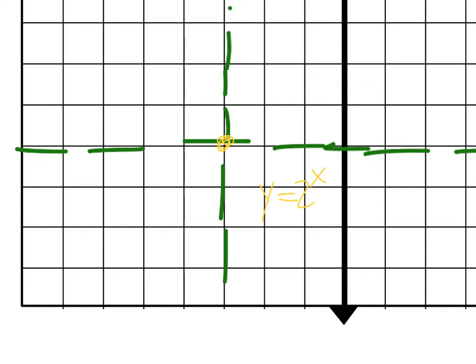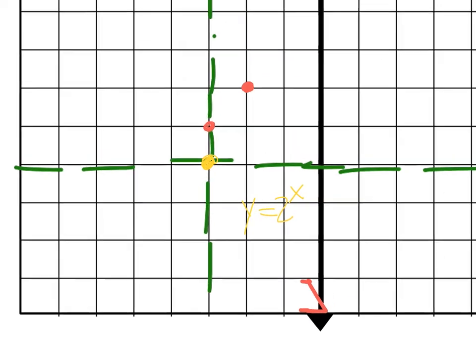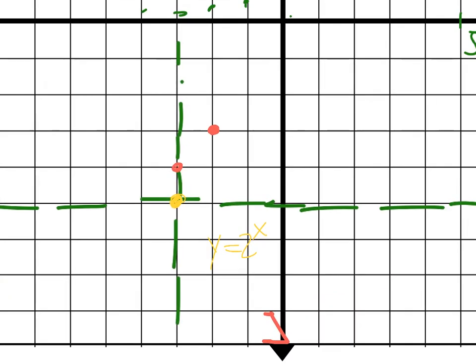If this little yellow dot really was the origin, then 2 to the x would mean I graph at (0, 1), and then at (1, 2), which would be right here. Then from the origin, right 2, up 4.